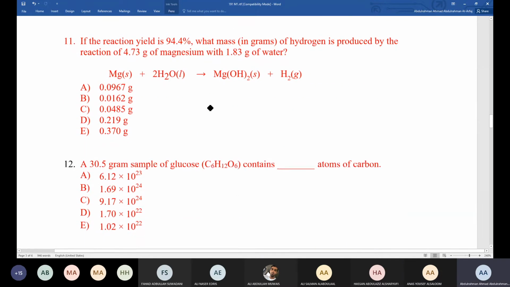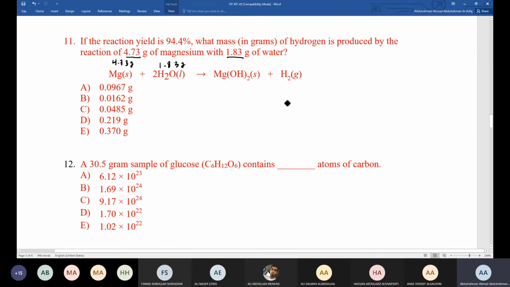Very good. If the reaction yields 94.4 percent, what mass in gram of hydrogen is produced by the reaction of 4.73 gram of magnesium with 1.83 gram of water? I have 4.73 gram of this one and 1.83 gram of this one.